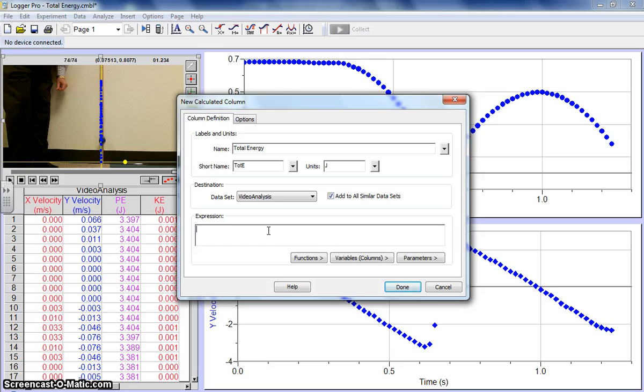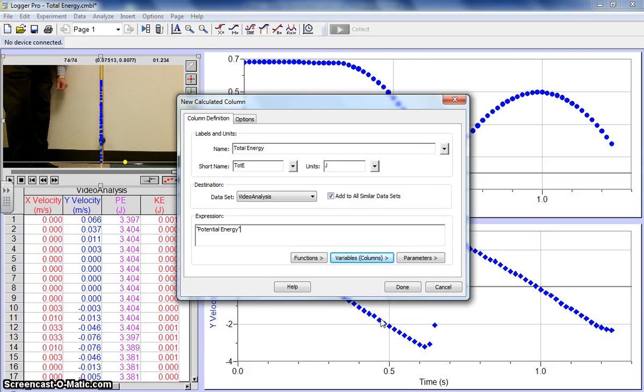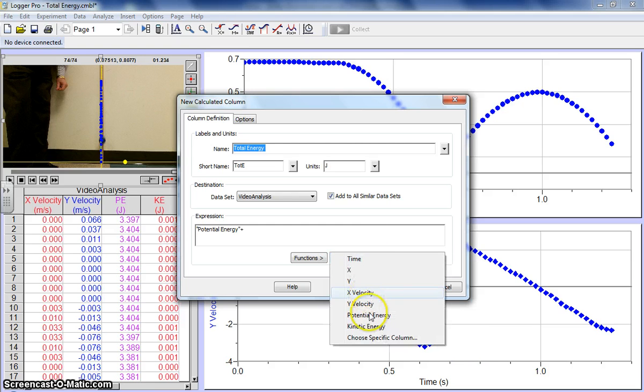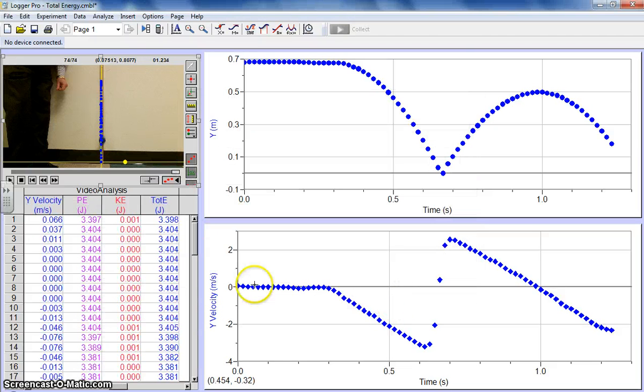And the total energy, I'm going to come down here. It's going to be the potential energy plus the kinetic energy. I'm going to add those two together. And now I've got a third column for total energy.